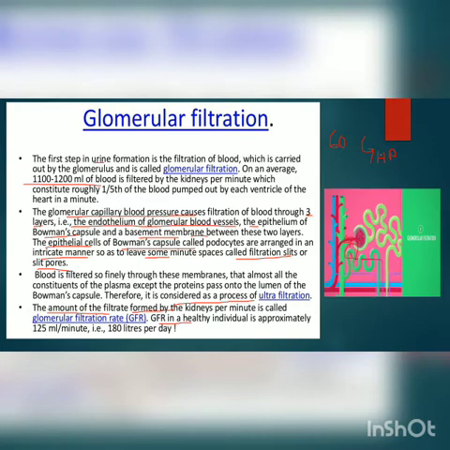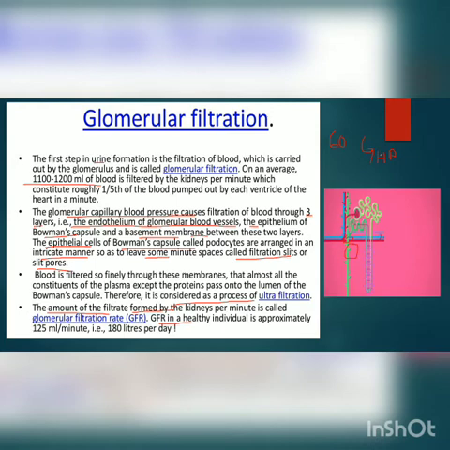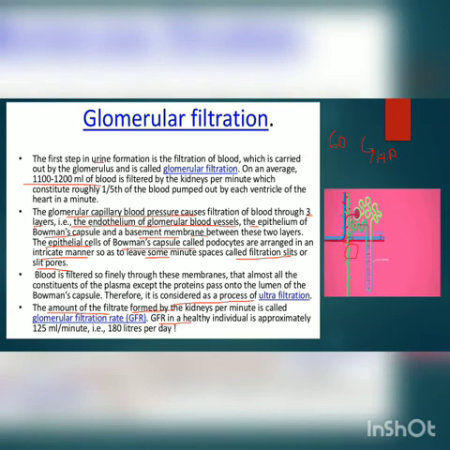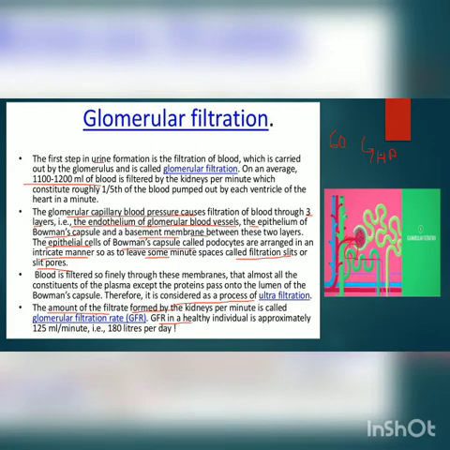Now the pressure of the interstitial fluid and the pressure of the renal filtrate is collectively known as the capsular hydrostatic pressure, that is CHP, and this is 20 mmHg. The pressure being exerted on glomerular blood for undergoing filtration is called the glomerular filtration pressure, GFP, which is about 10 to 25 mmHg.